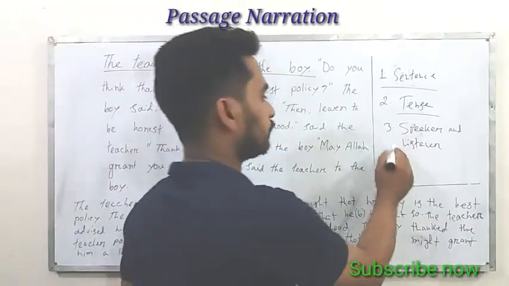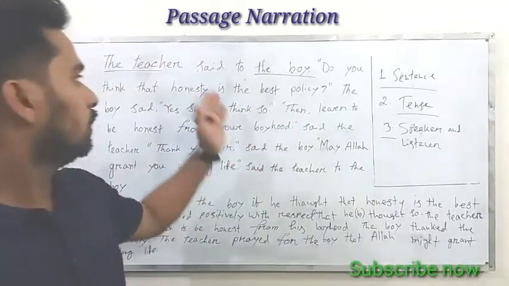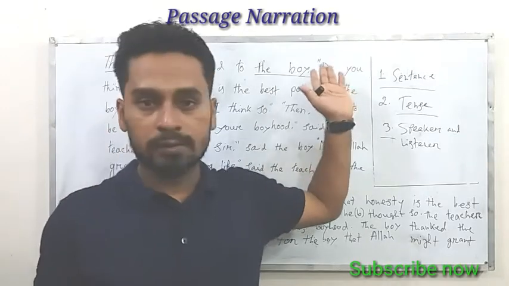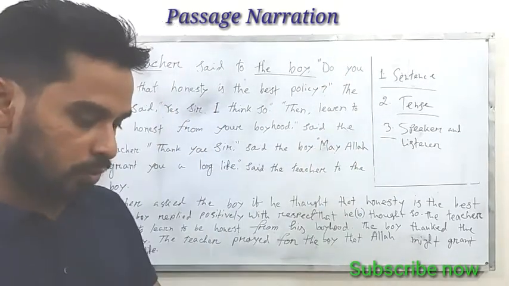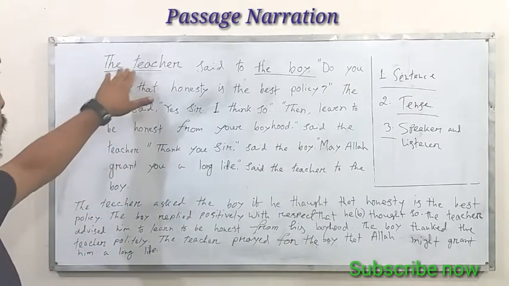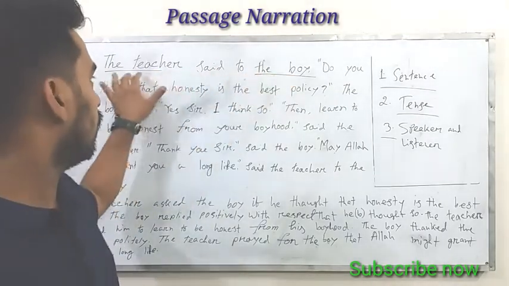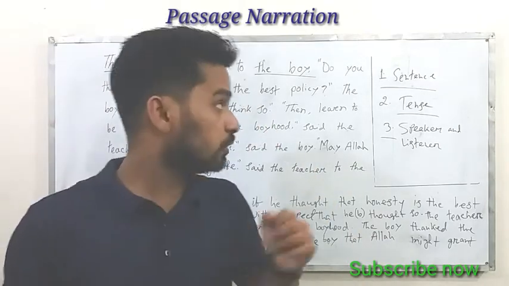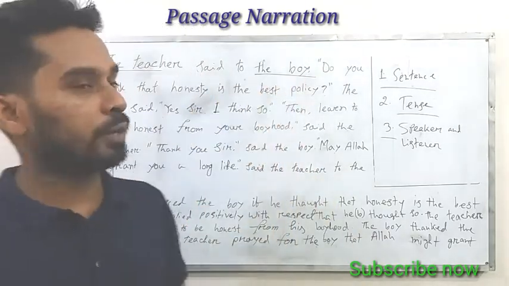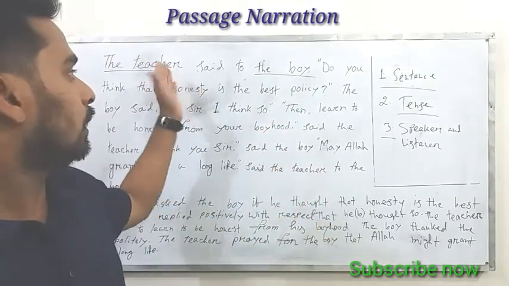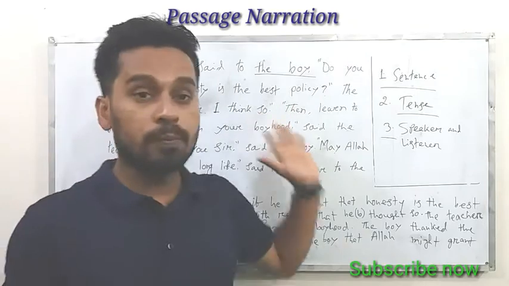So here first one is the speaker and the listener, and the second one is the sentence, and the third one is the tense. Okay, now try to solve it. Here the teacher said to the boy, this one is called reporting speech, and this one is called reported speech.